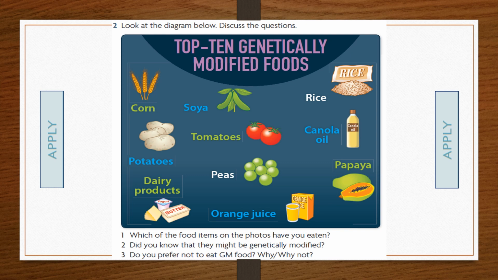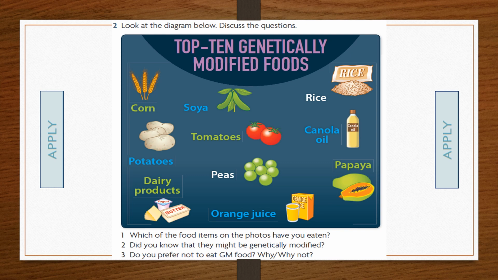Do you prefer to eat genetically modified food? Would you mind eating genetically modified food? We mentioned the advantages and the disadvantages in the previous slide. So after this, do you mind eating genetically modified food? Do you find it safe to eat genetically modified food?